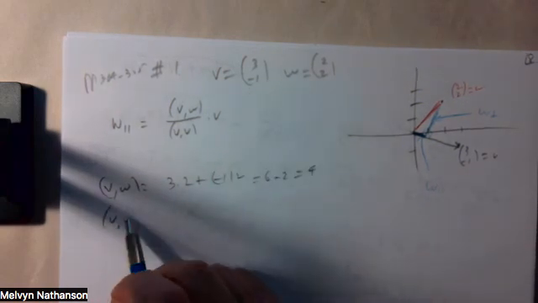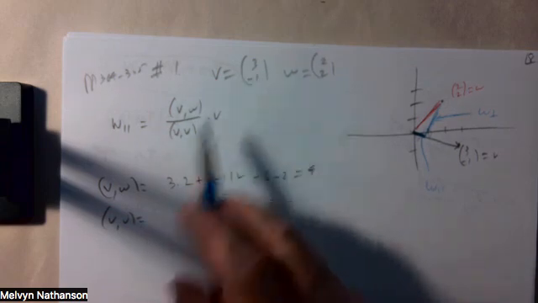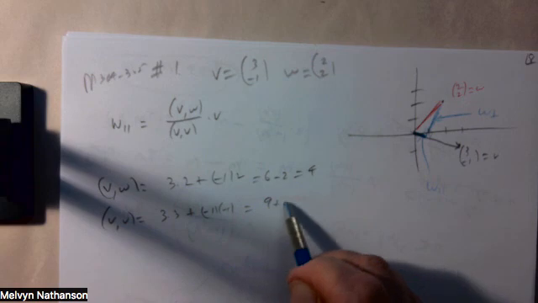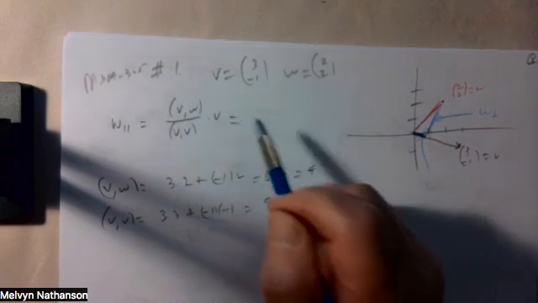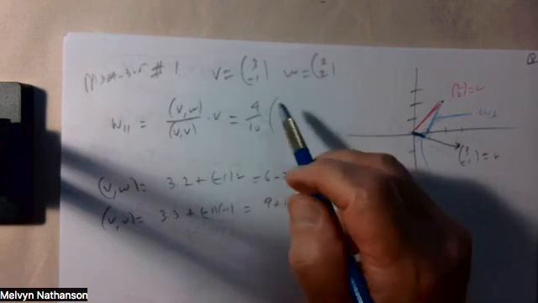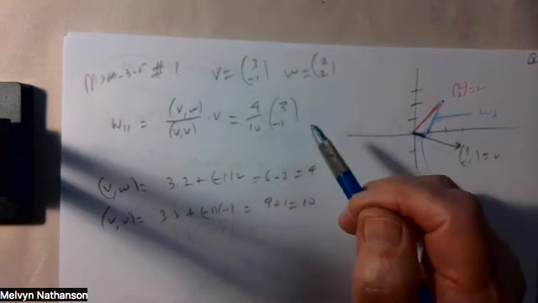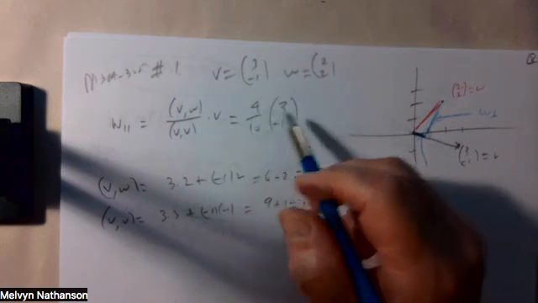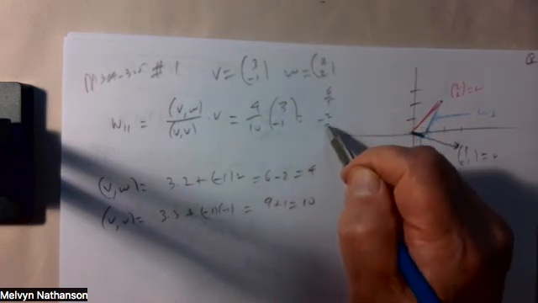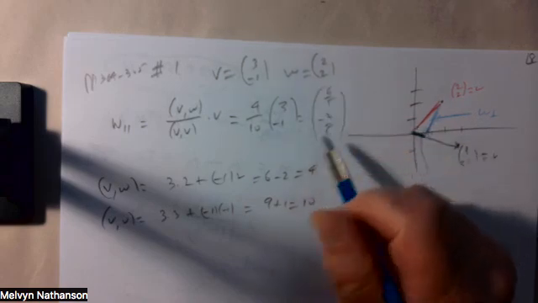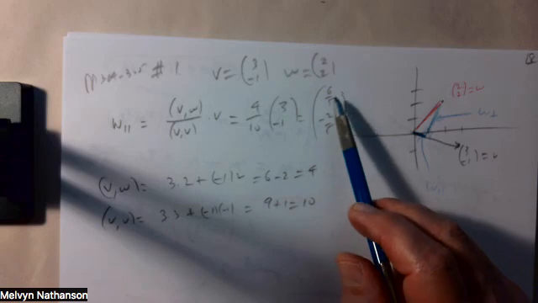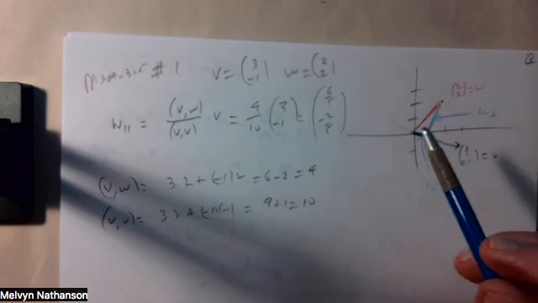The inner product of V with itself is 3 times 3 plus minus 1 times minus 1. That's 9 plus 1, or 10. So this vector is 4 over 10 times the vector (3, minus 1). This is 2/5. So this is 6/5 and minus 2/5. So the vector W parallel is this vector, (6/5, minus 2/5).